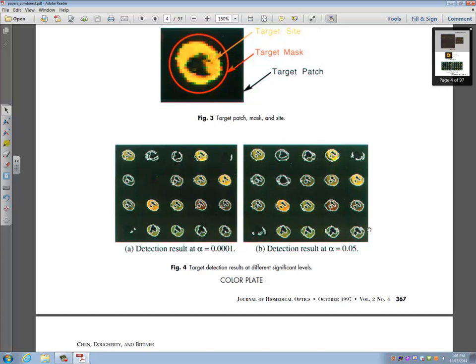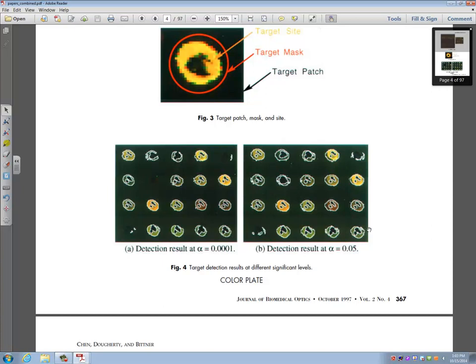If alpha is 0.0001, then you can see that you're not picking up some of these. Like this one is not getting picked up, this one is gone. Whereas if you allow for a larger error, that is the level of significance, then some of these, like this thing, are going to appear here, which was not picked up before.